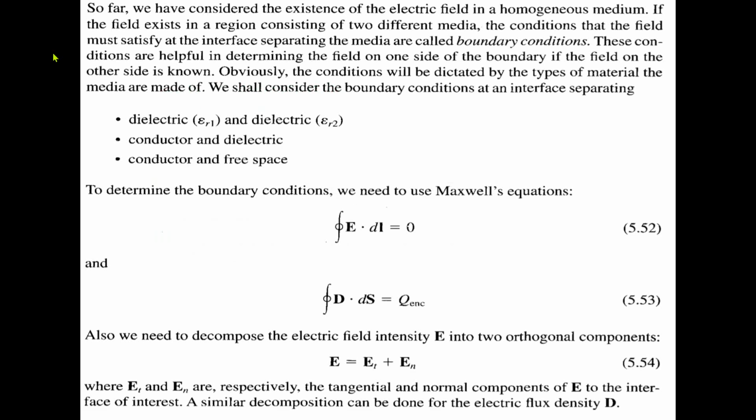So far we were considering the existence of an electric field in a homogeneous medium. If the field exists in a region which consists of two different media, then the conditions that the field must satisfy at the interface which separates the media are called the boundary conditions.